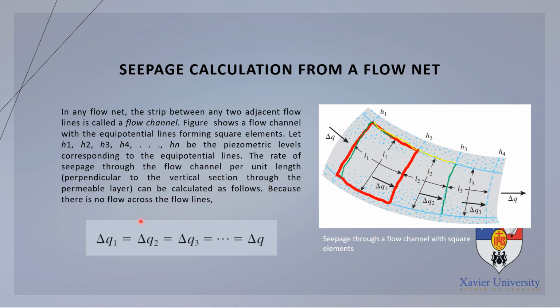Because there is no flow across the flow lines, the flow in square 1 is just equal to the flow in square 2, as well as the flow in square 3. That is, Q1 is equal to Q2 is equal to Q3, and is equal to the other rate of flow sa kada flow channel or sa kada square.